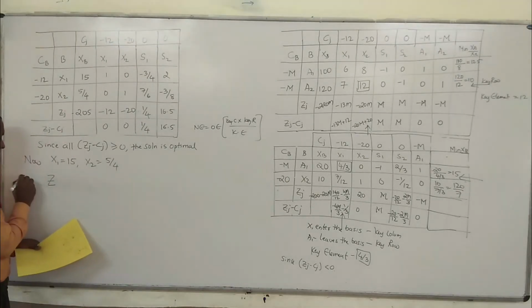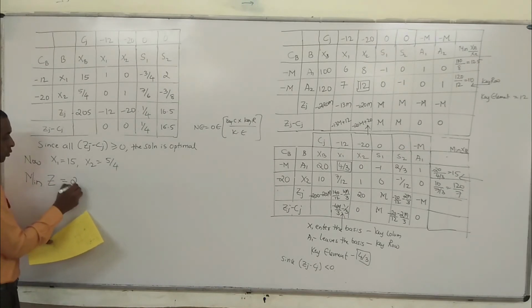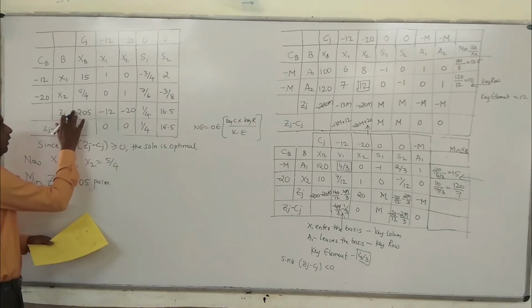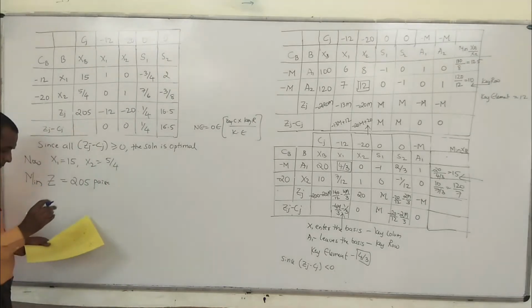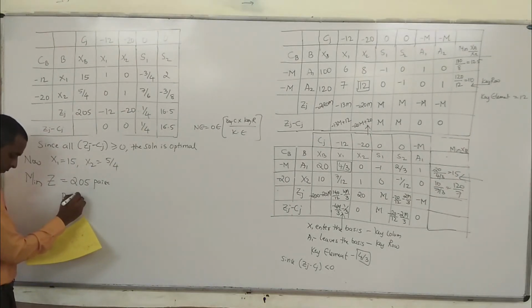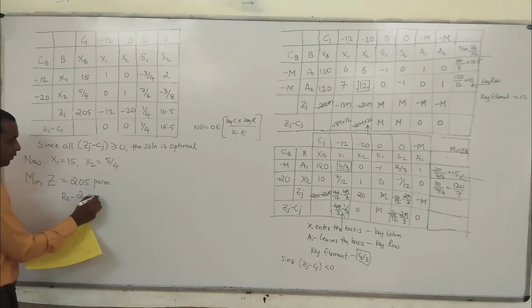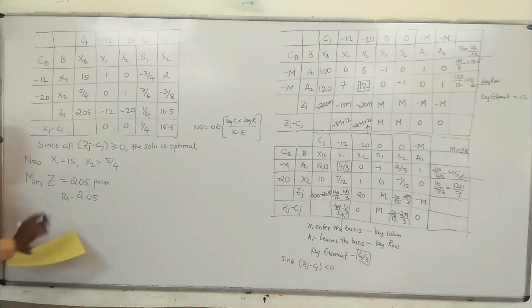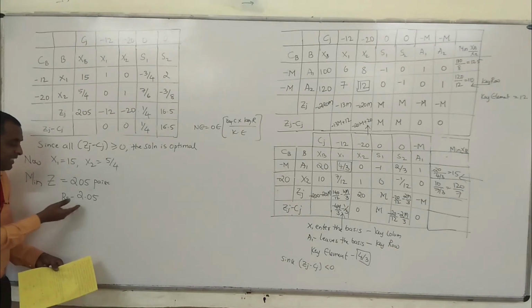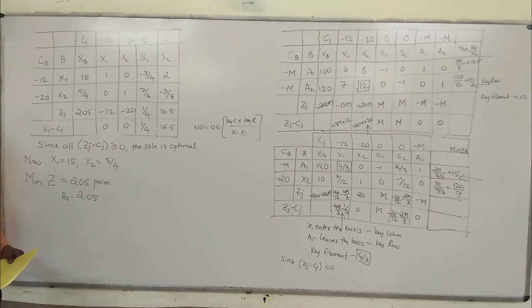So minimum Z is equal to 205 paise, that is 2 rupees 5 paise. So the minimum cost of the product mix is 2 rupees 5 paise at the end.